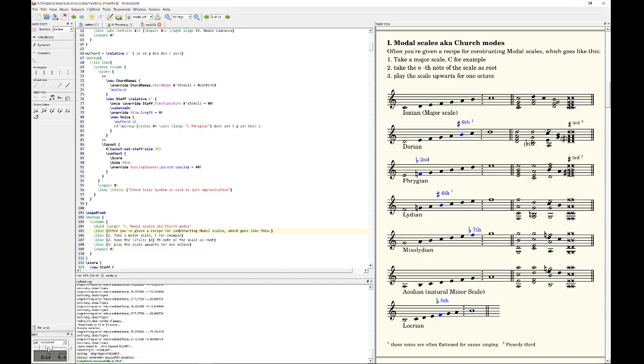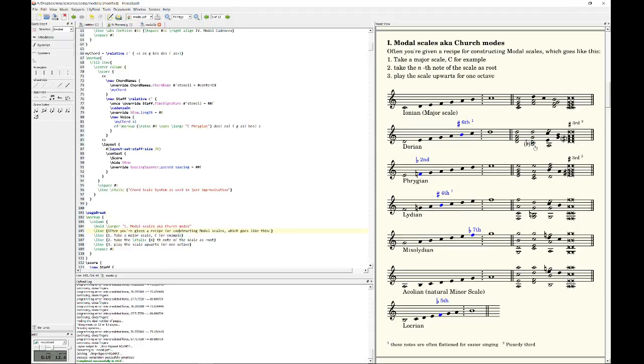A cadenza in D Dorian would sound like this. If you're wondering why I have flattened the 6th step, it's actually common practice in archaic music to flatten this 6th step to make singing easier.